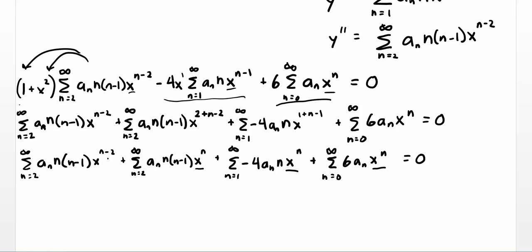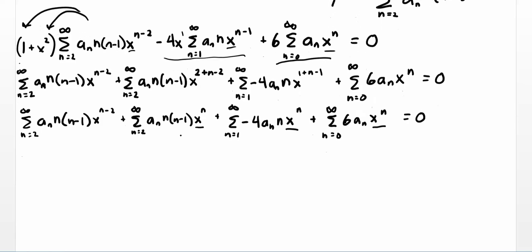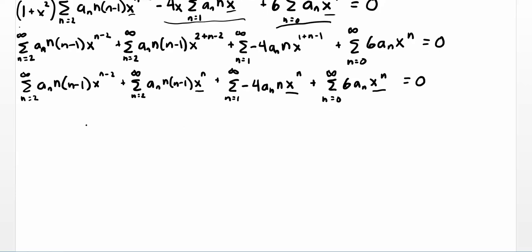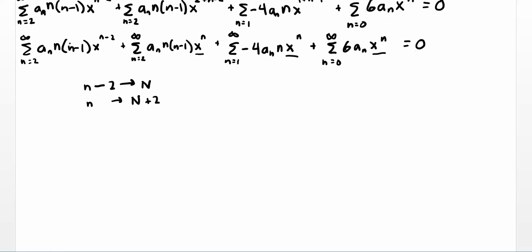There's a problem here. This one has x to the n minus 2. So we're going to do our reindexing trick like before, and we're going to let n go to n minus 2. We want n minus 2 to just become capital N, which means n is going to become capital N plus 2. Now we can rewrite this first series, plugging in capital N plus 2 for little n.